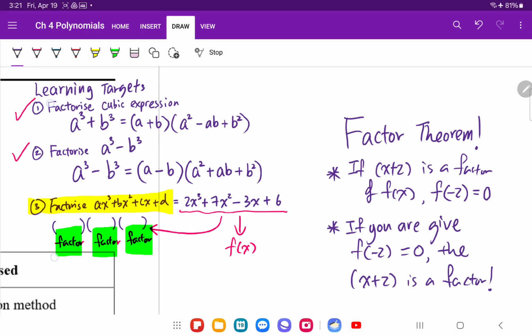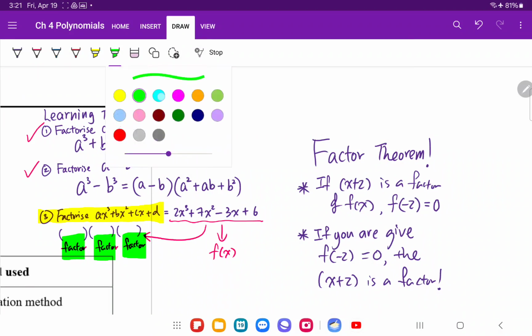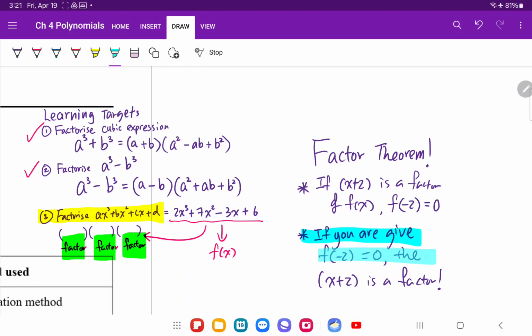So for today, which one is more important? For today, this working backwards is important. When you are given that f substitute negative 2 is 0, then x plus 2 must be a factor of the polynomial.